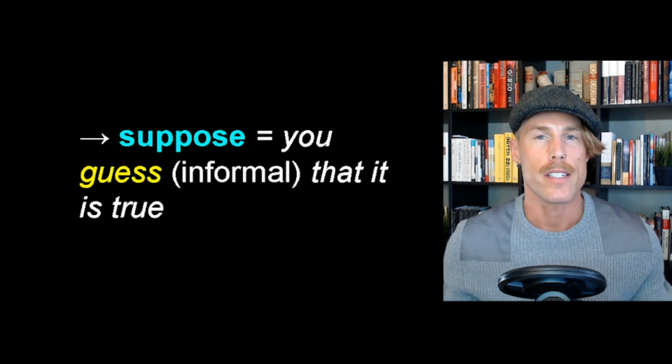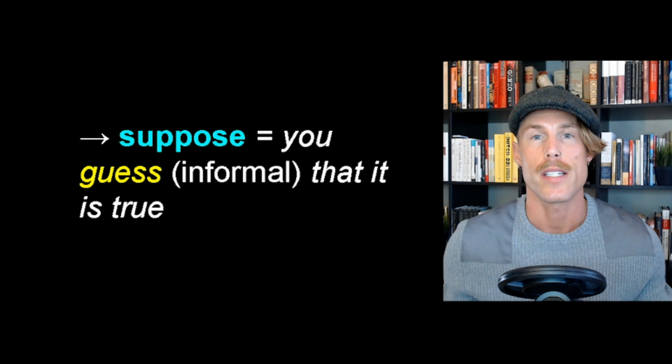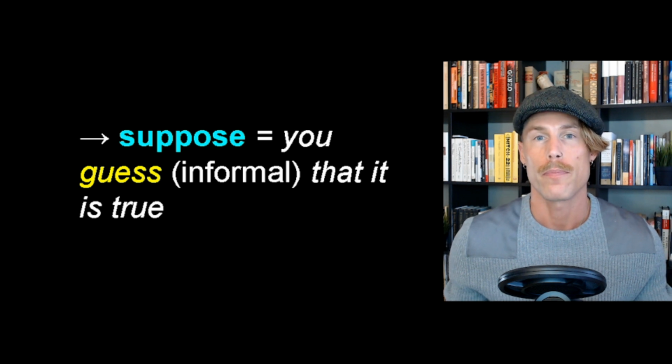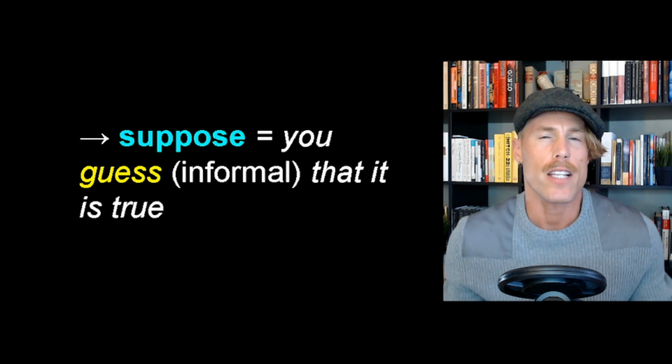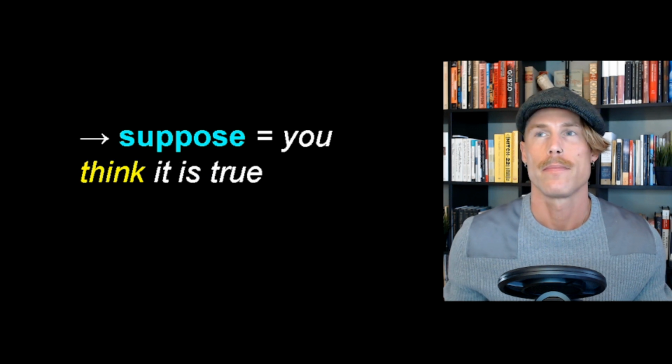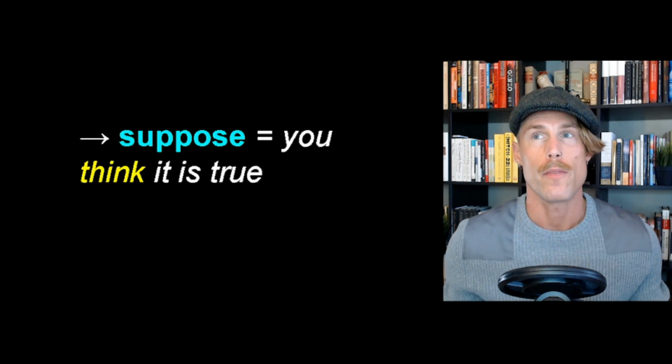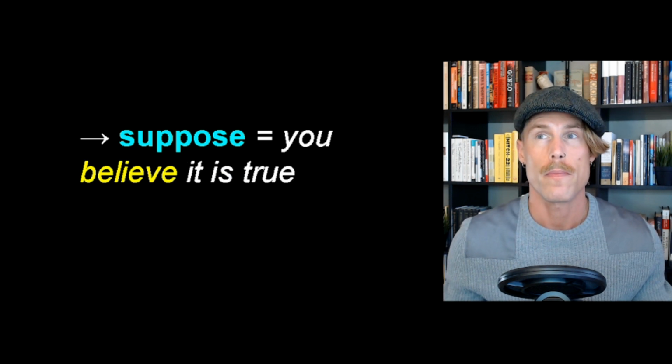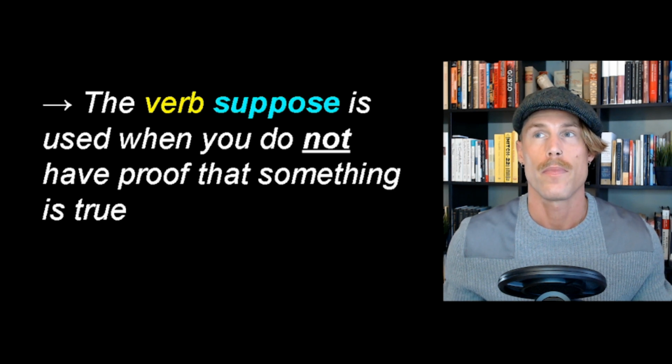Guess in this example is informal, right? You say, I guess so. This also means you think it is true, you believe it is true. Okay, so the verb suppose is used when you do not have proof that something is true.